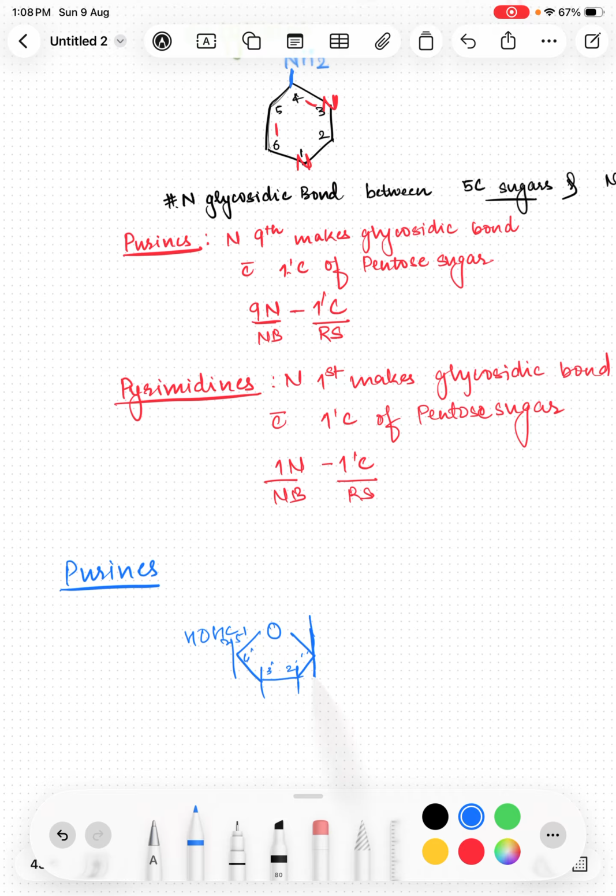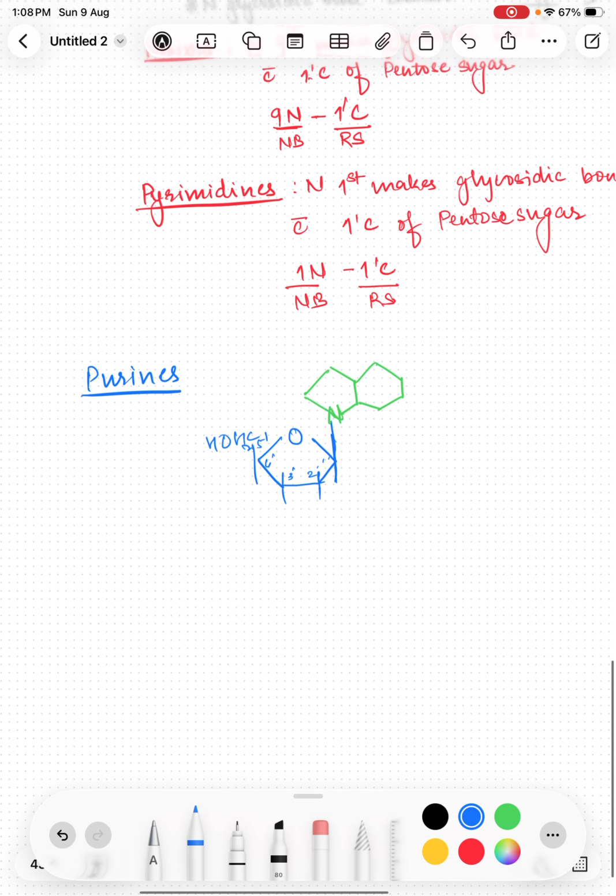So at this position purines, that is, nitrogen present at position number 9 of purine will make bond, and this bond is N-glycosidic bond.